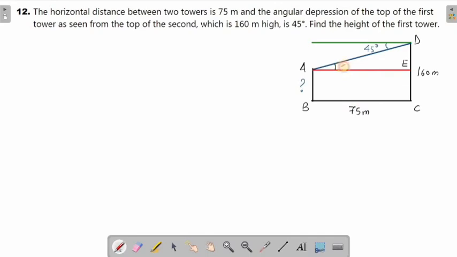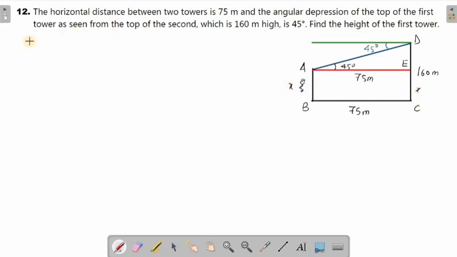This will also be 45 degree if this is 45 degree, isn't it? Very simple. Since this is 75 meter, this is also going to be 75 meter. Let me take the height of the first tower to be x. If this is your x, then this is also going to be your x.